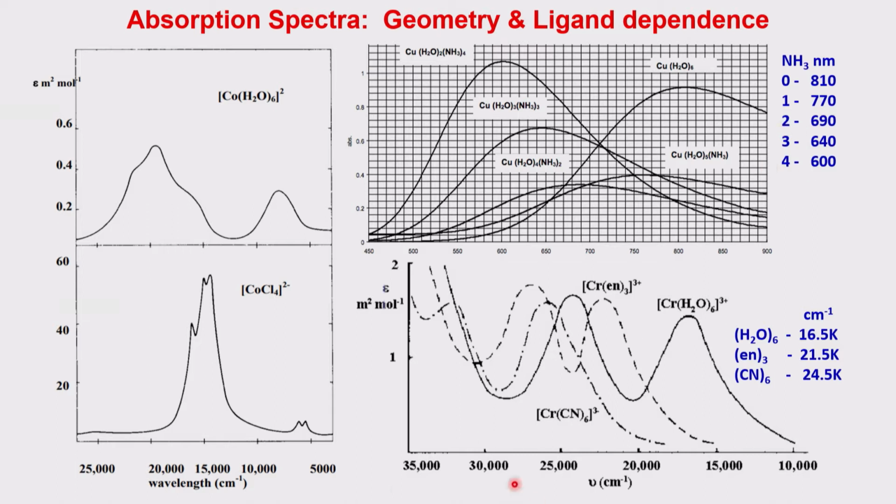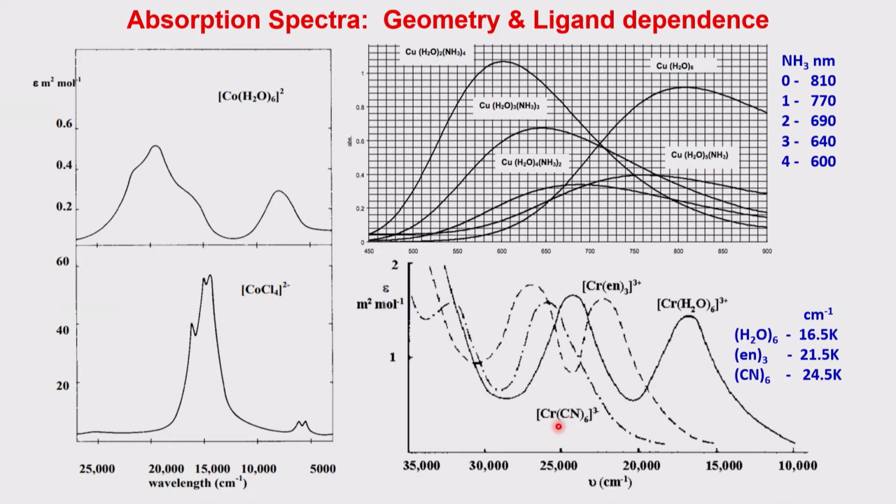Okay, we can also look at another example very similar in nature but with a different metal ion. So here it is copper 2 plus, which is a D8. Let us look at chromium 3 plus, which is a D3 system. Here we have chromium with hexaquo, a second spectrum is chromium tris ethylene diamine, again 6 coordination, and then chromium hexacyano, again 6 coordination.